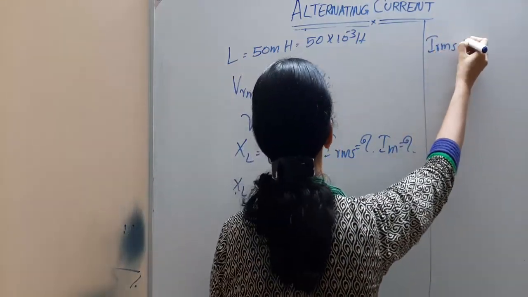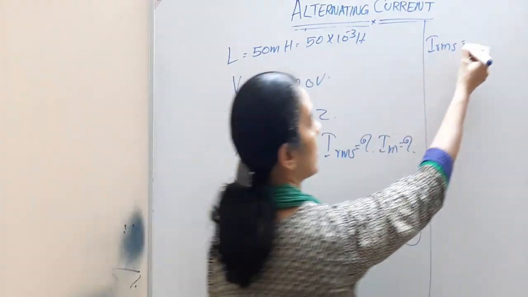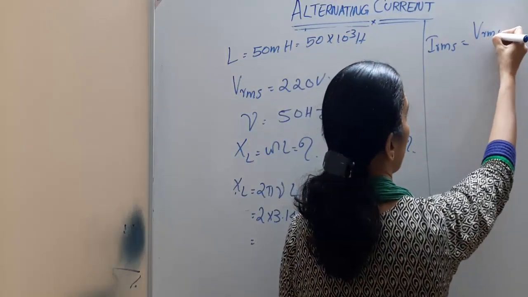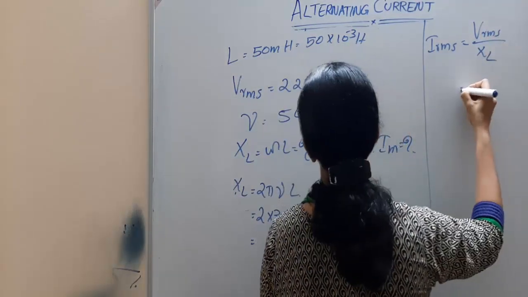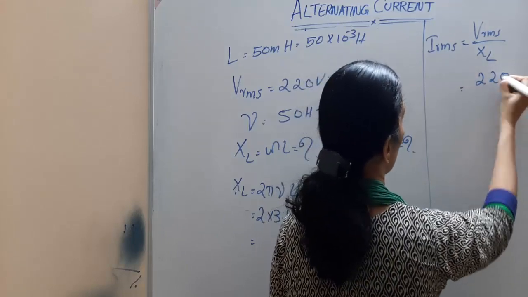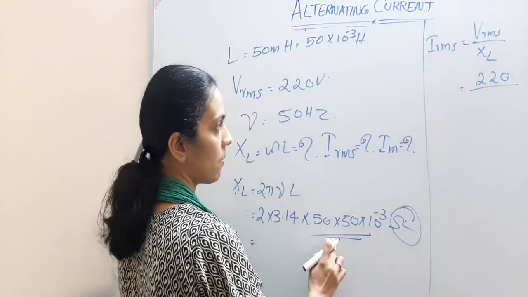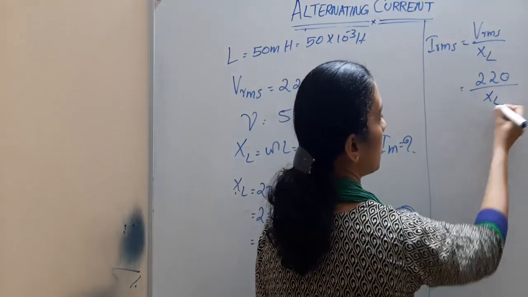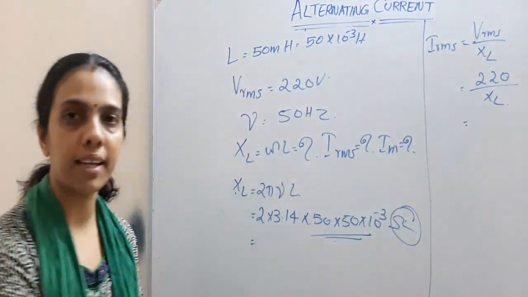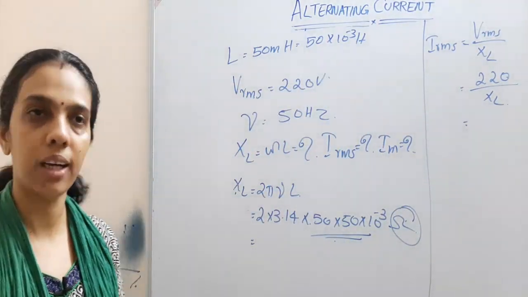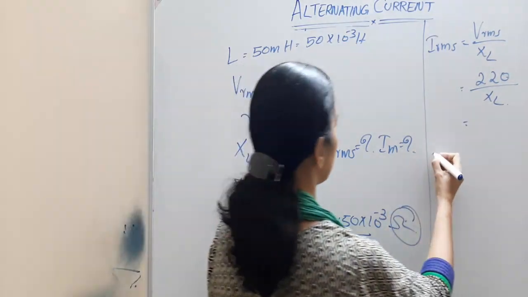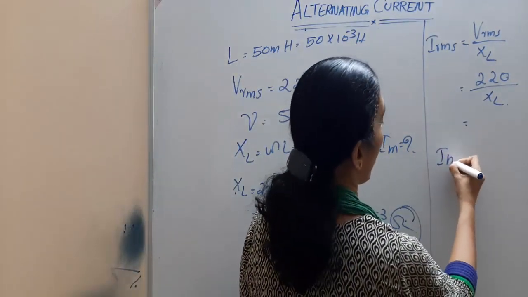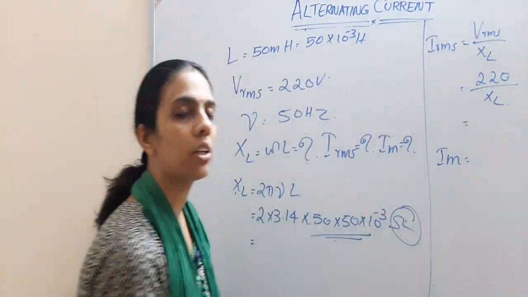Next, we need to find IRMS. How can we find it here? VRMS is given, right? So VRMS divided by XL. VRMS, how much is it? 220 divided by the XL value. While you are substituting, you will get the final answer. Then next is Im. How can we find the maximum value of current?